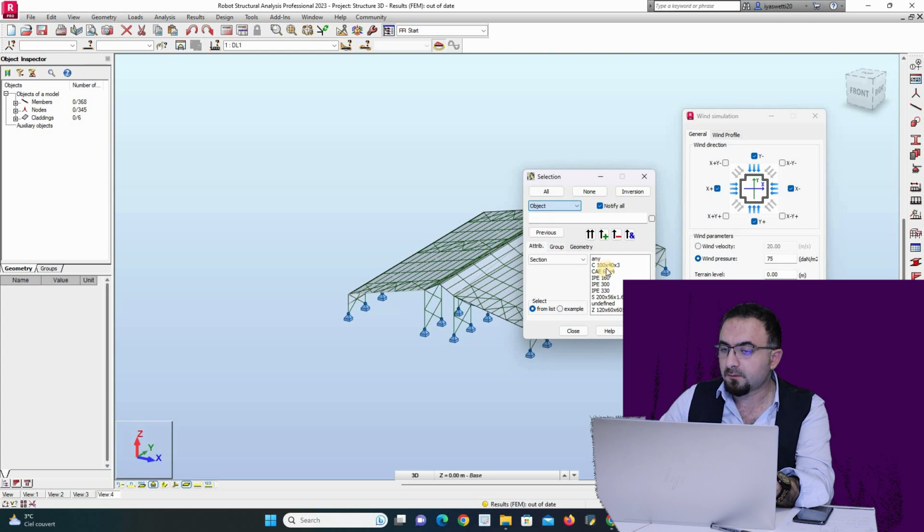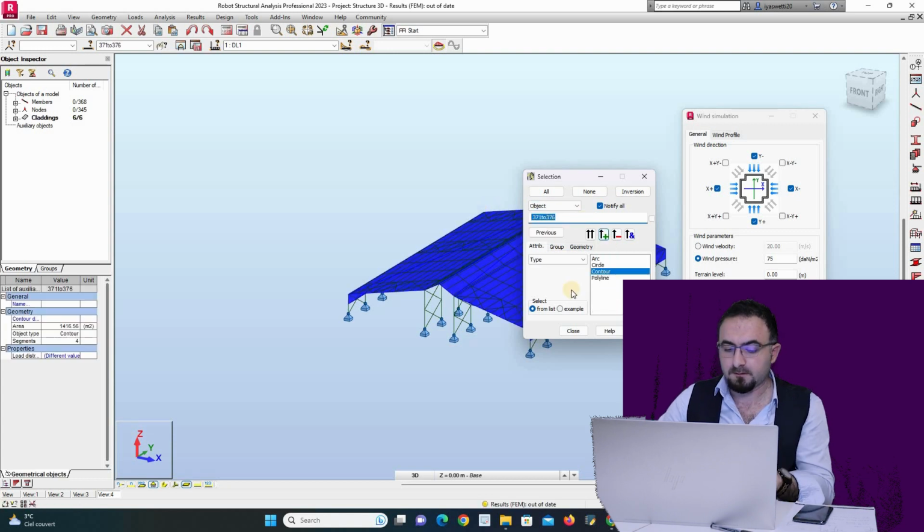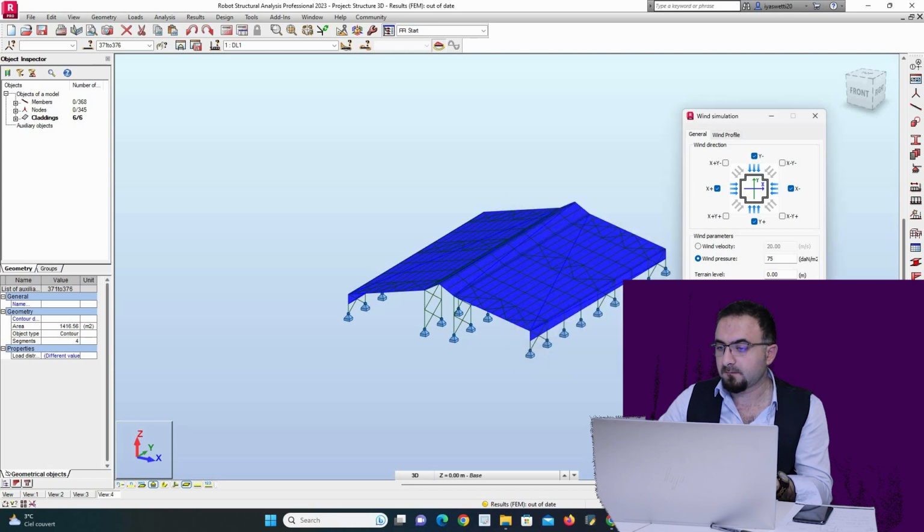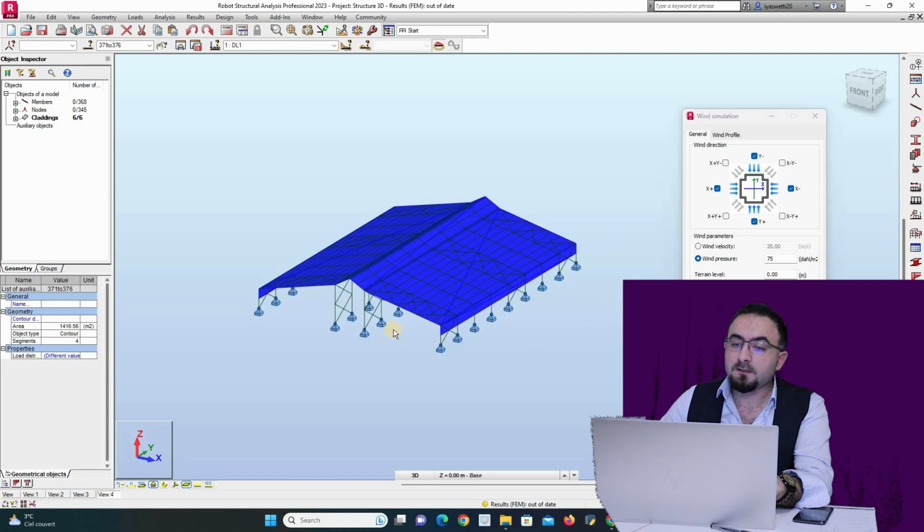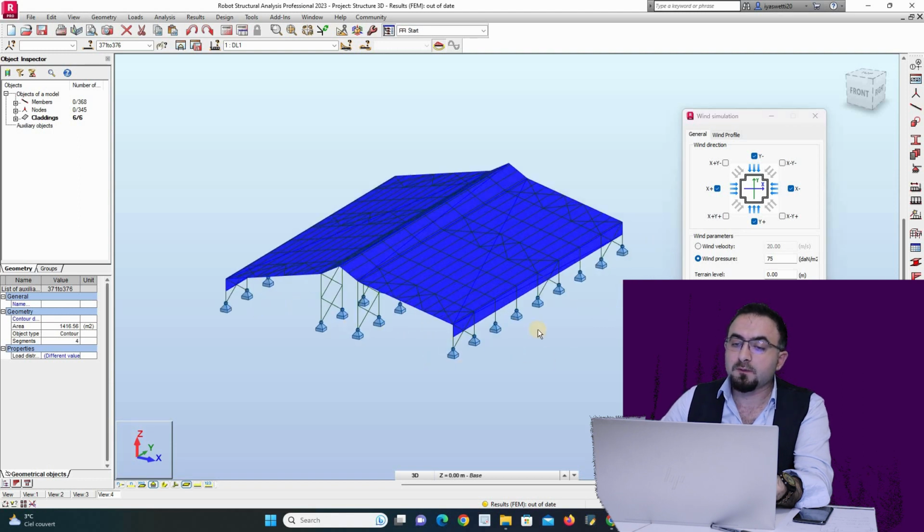Here I can select the object. If I have an opening in the wall, in the panel, then I can close it. Here I suppose there is a concrete wall, and the same way here.